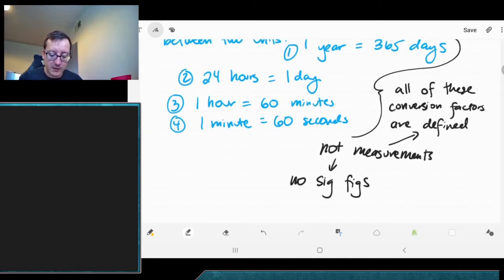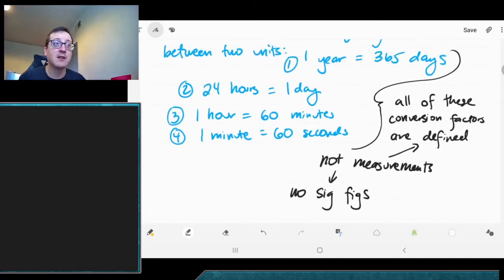So you see here, we have the 1 hour and 60 minutes. If we were to just look at the numbers, we'd say, oh, they might be 1 sig fig. But because those are defined, we're not going to have to worry about the sig figs for them. So as we go through this process of using these conversion factors, we can ignore the sig figs that are represented within that conversion factor.